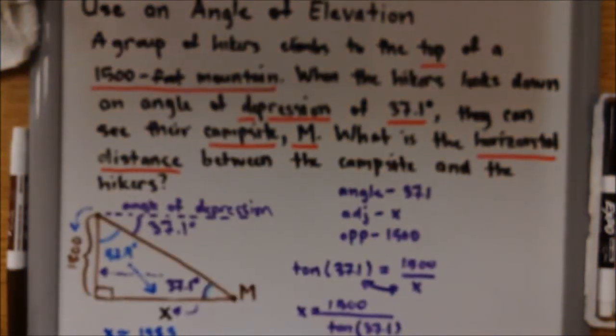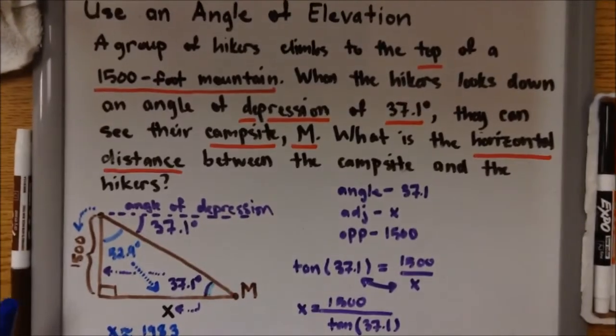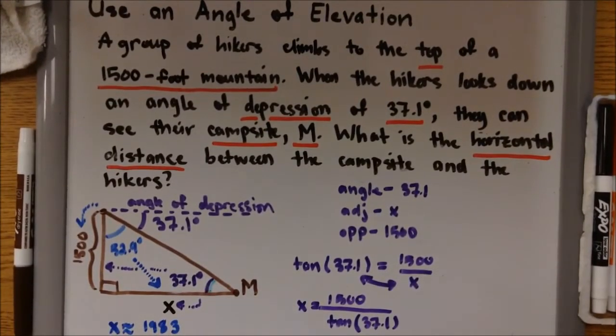So let me write that out. So x is approximately 1,983, and I only rounded to the whole number.